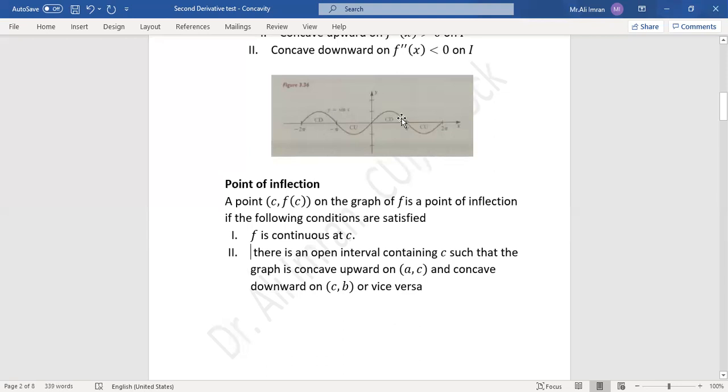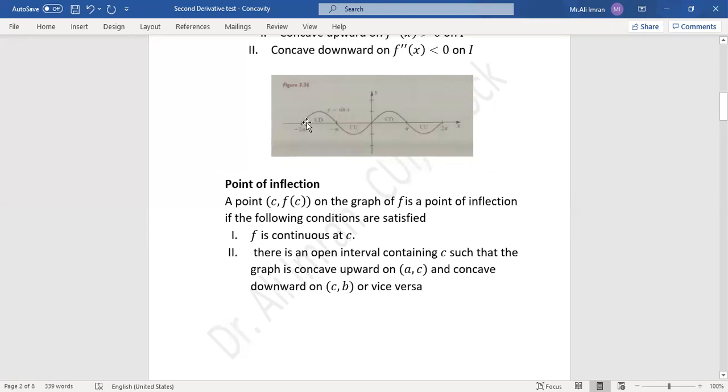In this function, this is the concave upward graph, and this is the concave downward graph, and this is the concave upward graph. The point at which the function changes behavior from concave downward to concave upward, or concave upward to concave downward, is called a point of inflection. This point at which I have put the cursor is the point of inflection.